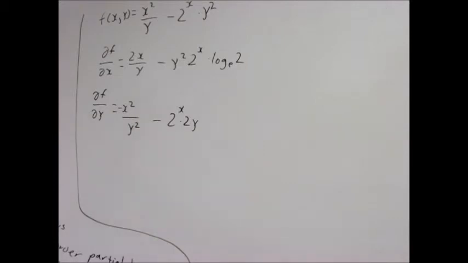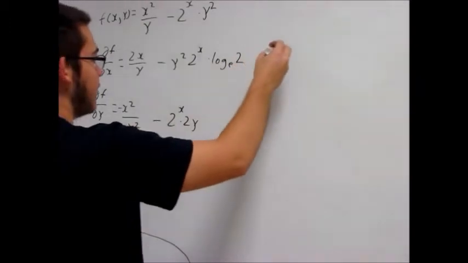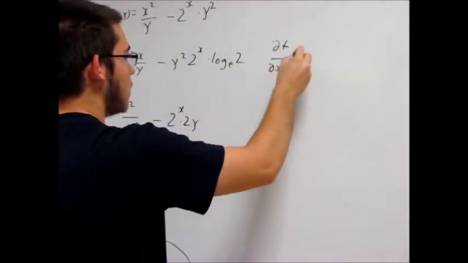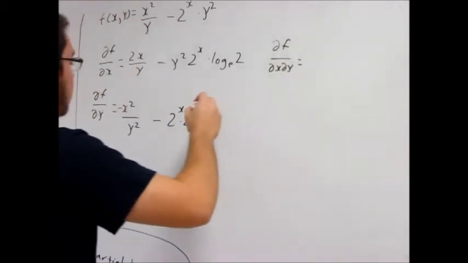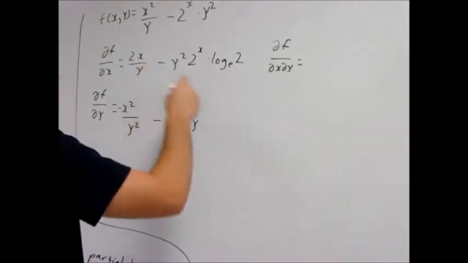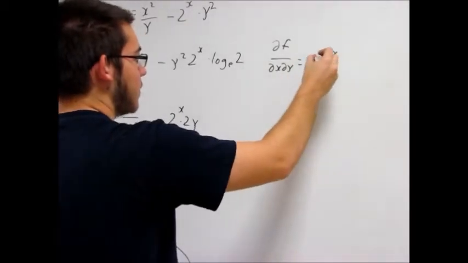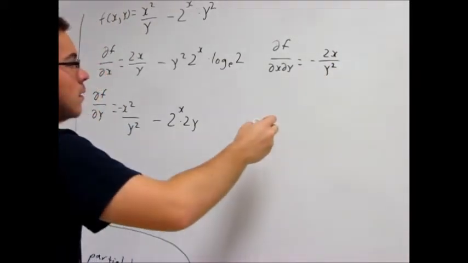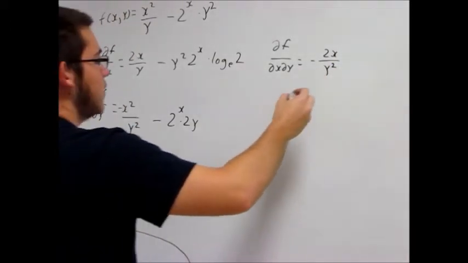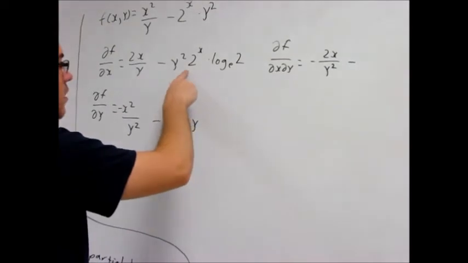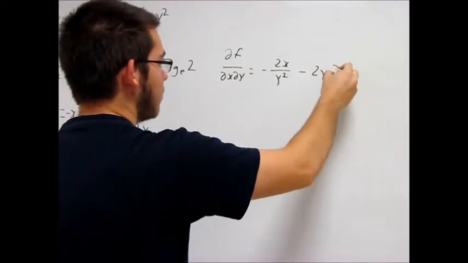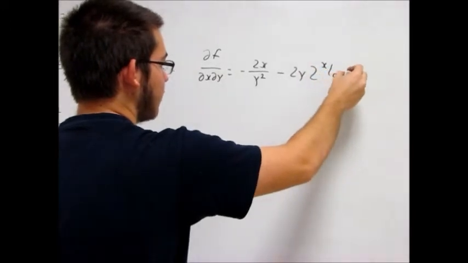And so now, just to show that these mixed second derivatives work, let's take the derivative with respect to y of this one. So this becomes 2x, so it becomes negative and y squared, minus, now we take respect to y, this is all a constant, there's 2y, 2 to the x, natural log of 2.